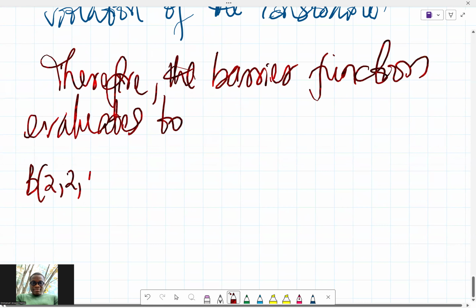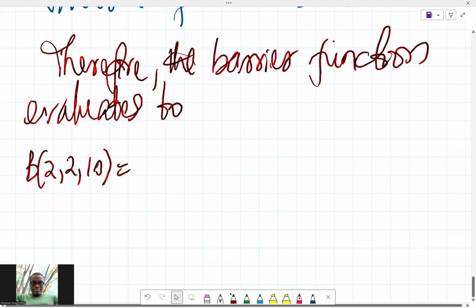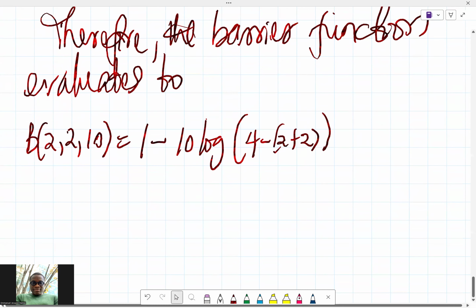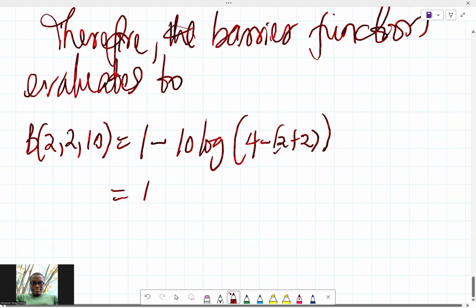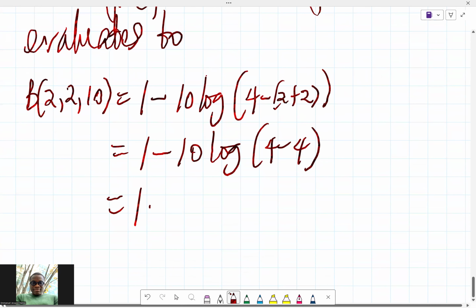b of (2, 2) comma 10, which is, of course, f of x is 1. So we have 1 minus mu, which is 10, multiplied by the log of 4 minus (x1 plus x2). That's 4 minus (2 plus 2), like that. So this is the same as 1 minus 10 log (4 minus 4). So that means we have 1 minus 10 log 0.